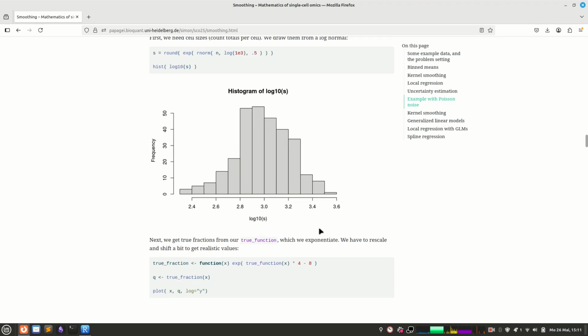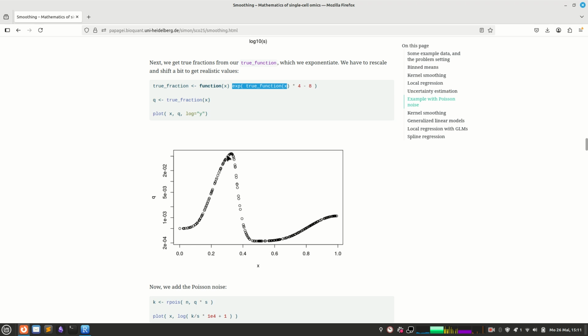And we need now a true function which tells us what the expected count value is for a given pseudo-time. And I take the same function as we used before, but I exponentiate it, so that we get a bit more difference between the value range, so that we have more dynamic range, which makes the problem more challenging.